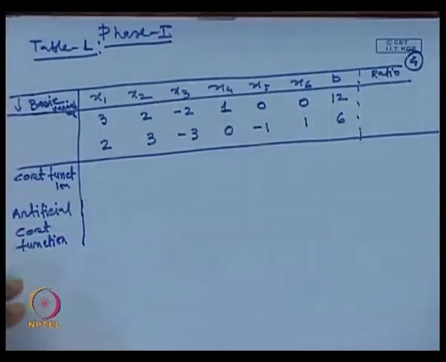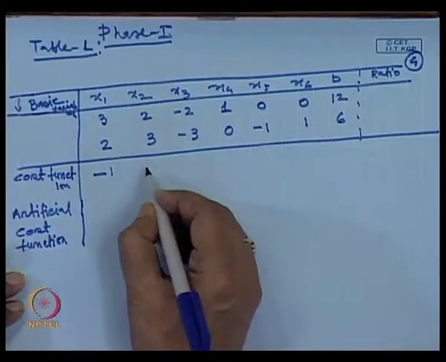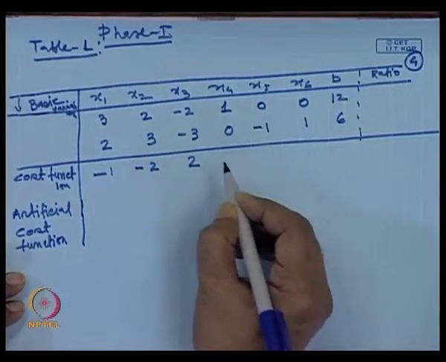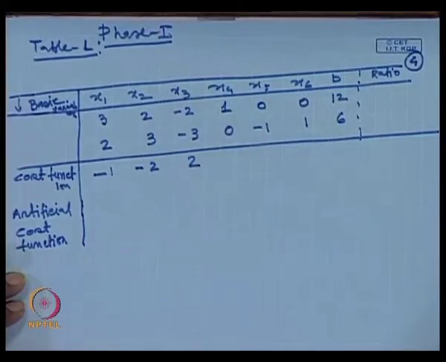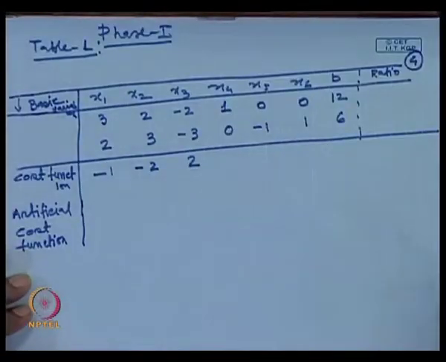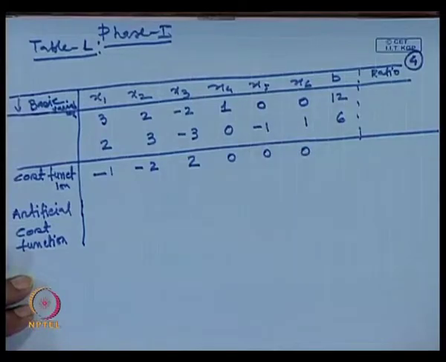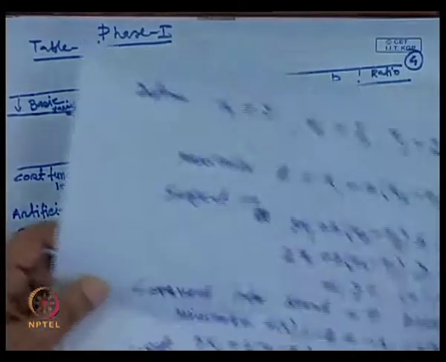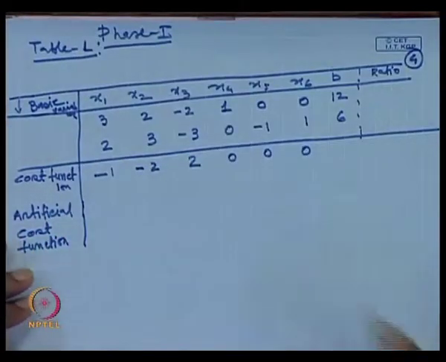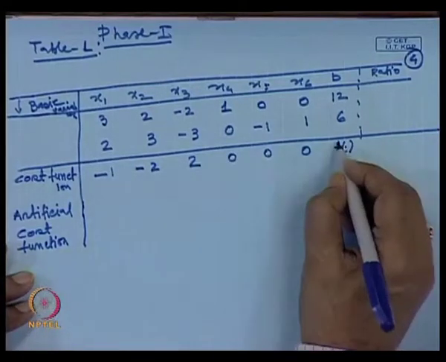So under x 1 is minus 1, under x 2 is minus 2, under x 3 is 1. If you see, x 4, x 5, x 6 are not there, so these are all 0, 0, 0. The right hand side is the function value f of x.